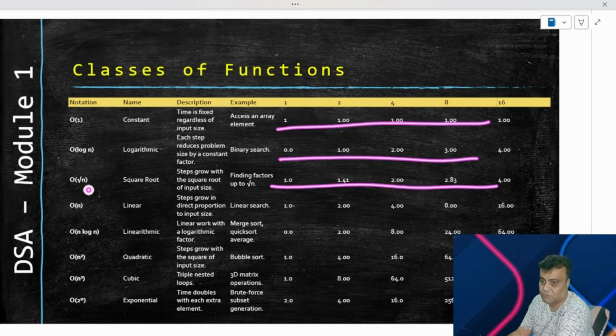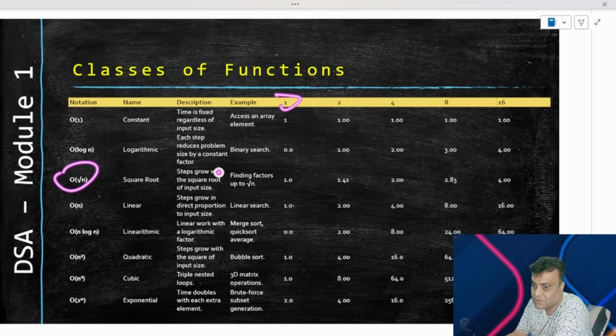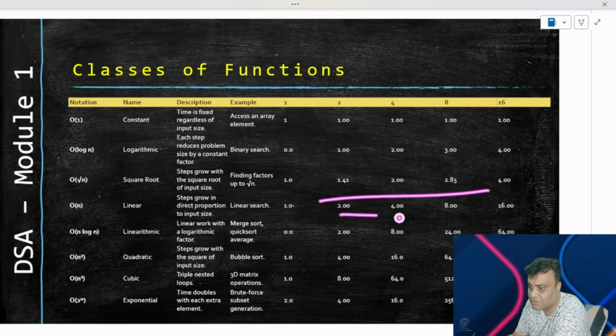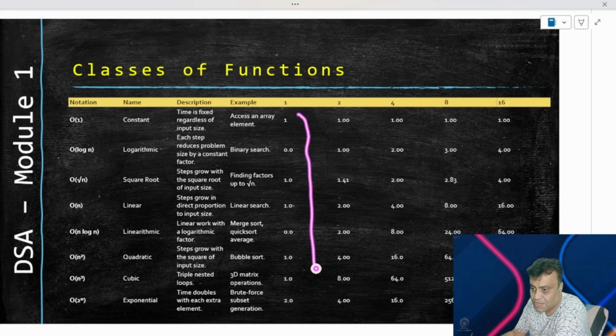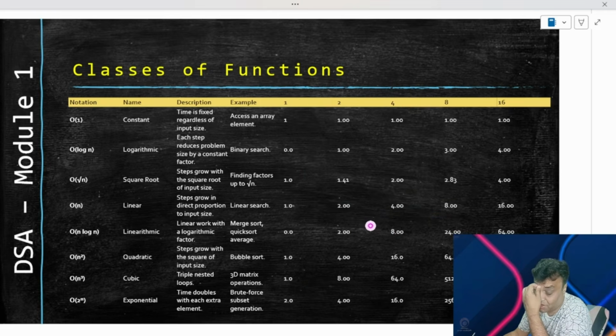So from a formula standpoint, if you put these values here, you will get these values. For a constant time, it remains constant for every kind of problem. Now, if you see this particular area, pay your attention here.